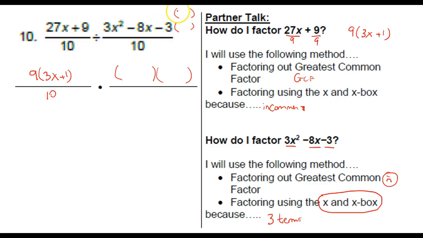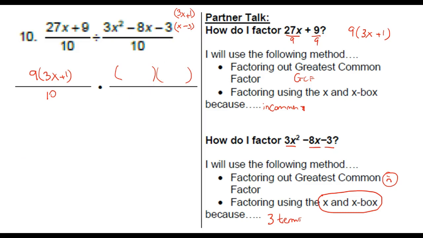But that would be, I believe, 3x and x, and that would be minus 3 and plus 1. So that would be 3x plus 1 and x minus 3.